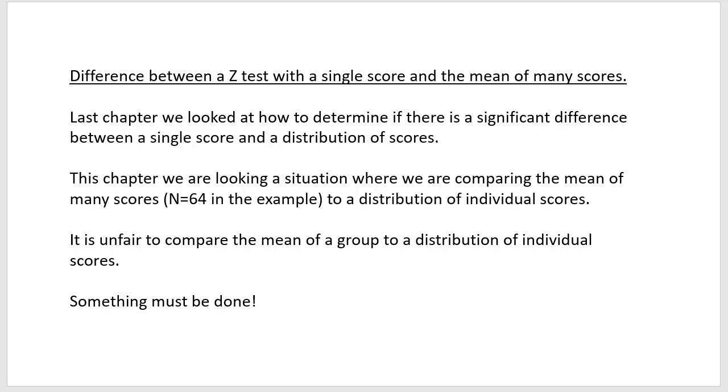Undoubtedly, some of those scores would be very low if we took 64 people randomly. Some of them would be very high, but it'd be very seldom a case where the average of those 64 scores would be so extreme that they would be significant on average. In short, it's unfair to compare the mean of a group to a distribution of individual scores. We have to do something in order to make that a fair comparison.